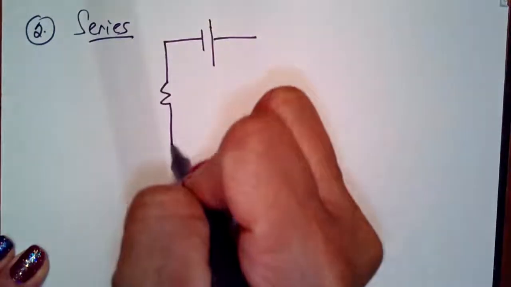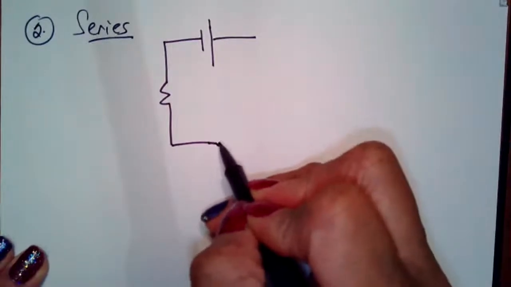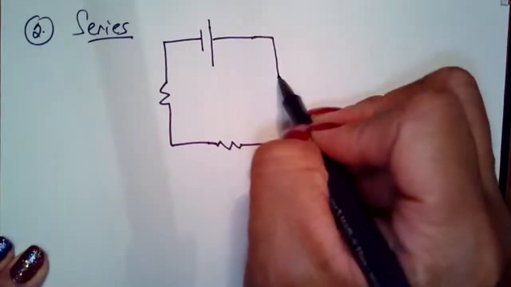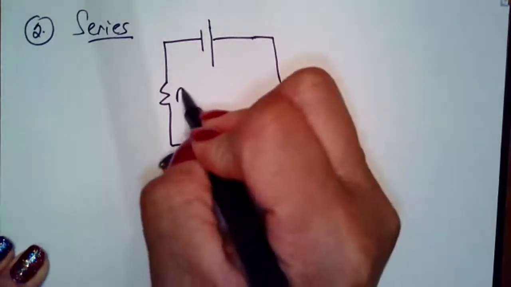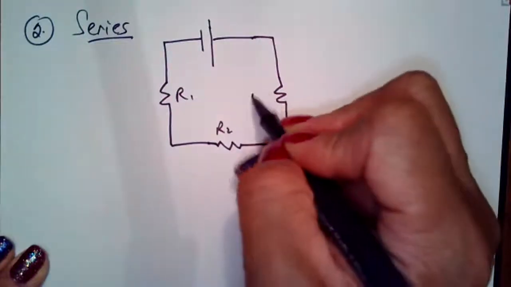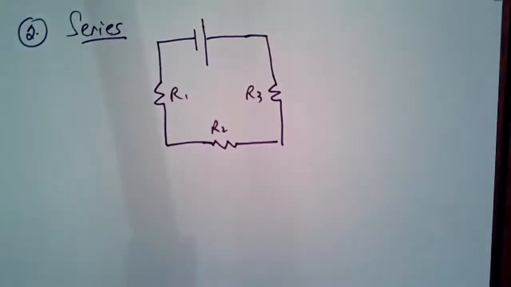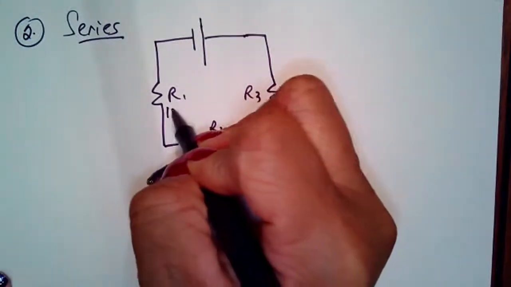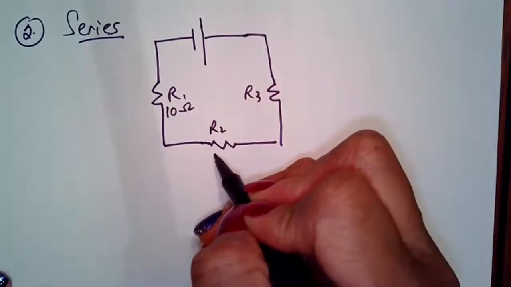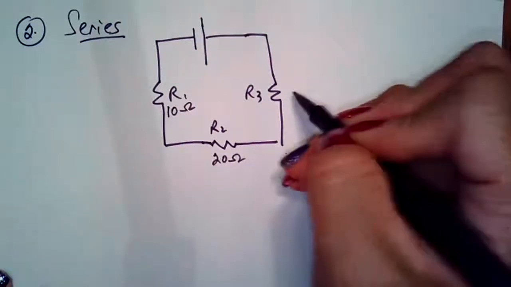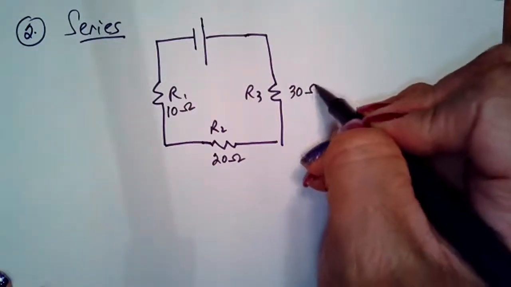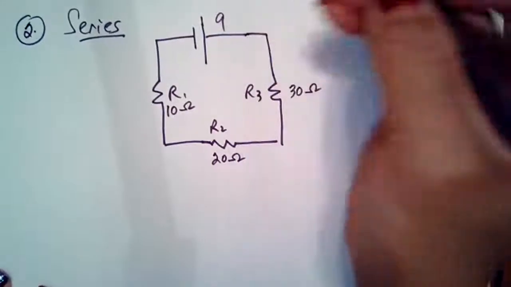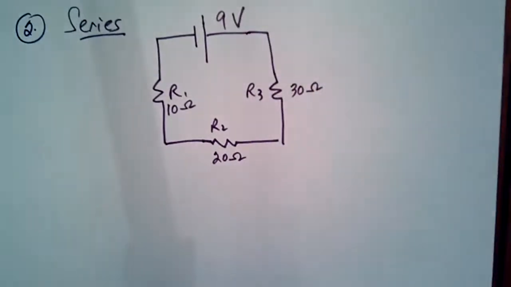So same 1, 2, 3. So this is our R1, R2, and R3. This time I'm going to give this 10 ohms, this is 20 ohms, and this is 30 ohms. I'm going to keep the total EMF of 9 volts.